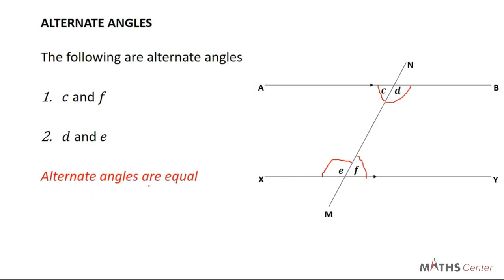Alternate angles are equal. So in this diagram, C is equal to F and D is equal to E. So we've learned the property of alternate angles.